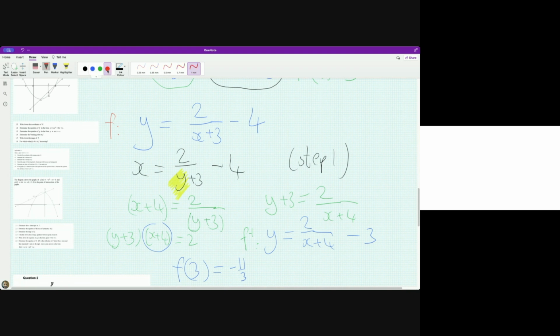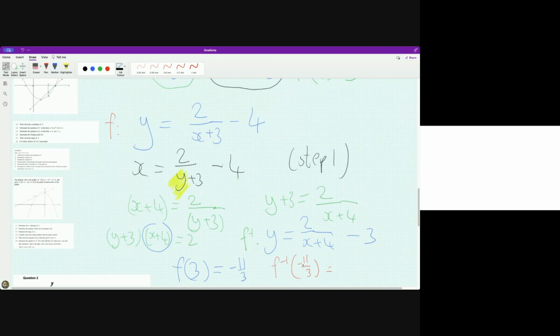Okay, let's test out if our inverse does the job. What is the f inverse of minus 11 over 3? So I'm going to send it back. What do you get when you put minus 11 over 3 into this relationship here? Well, let's put it in our calculators.